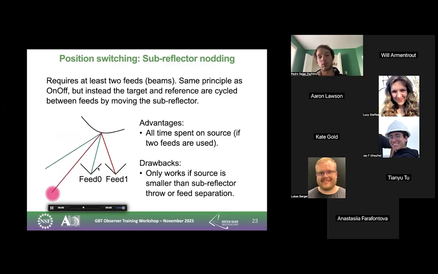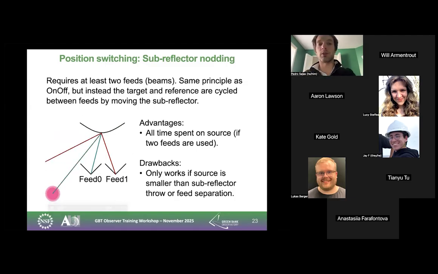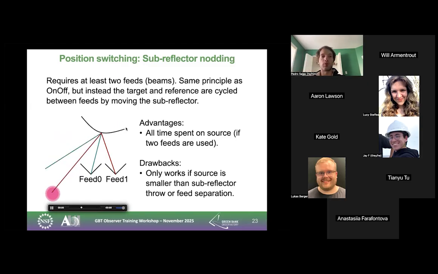You could even do this with a single feed, but then you don't get the same advantages. But all time is spent on source. And again, this will only work if your source is smaller than what you can move the beams, the separation between beams.